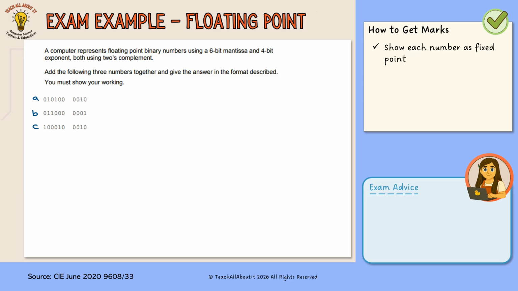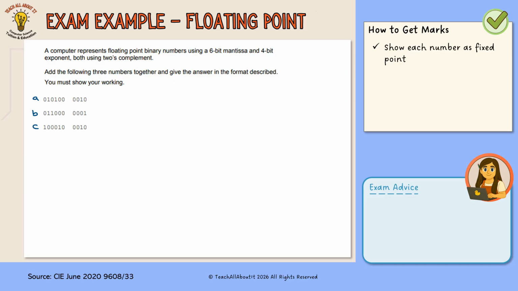You can see we've got 6 bits for the mantissa and 4 bits for the exponent, both using 2's complement. We are then going to have to return it to a 6-bit mantissa and a 4-bit exponent. I'm going to show you how we're going to break this down.